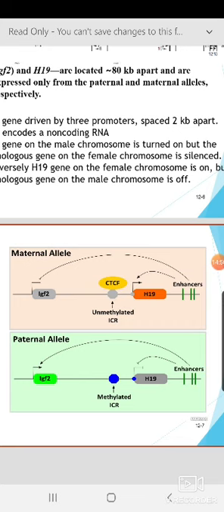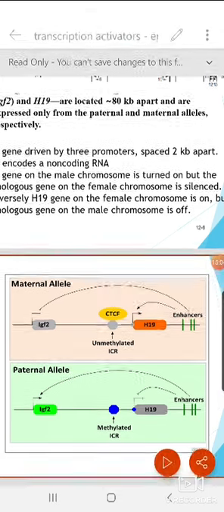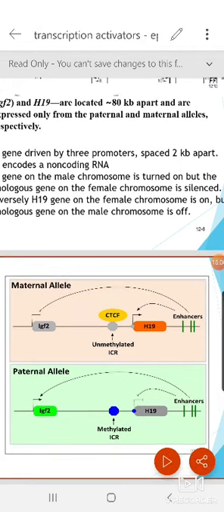This is the explanation behind why the paternal allele of IGF2 is functional and why the maternal allele of H19 is functional. Read carefully, try to understand the mechanism here. The last slide is actually explaining everything. Hope you will understand. In case of any difficulty, call me, I will explain one more time. Thank you very much.